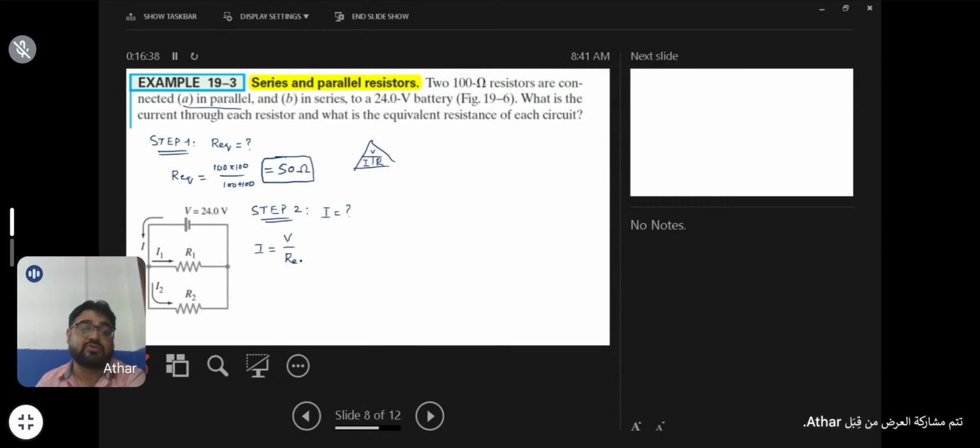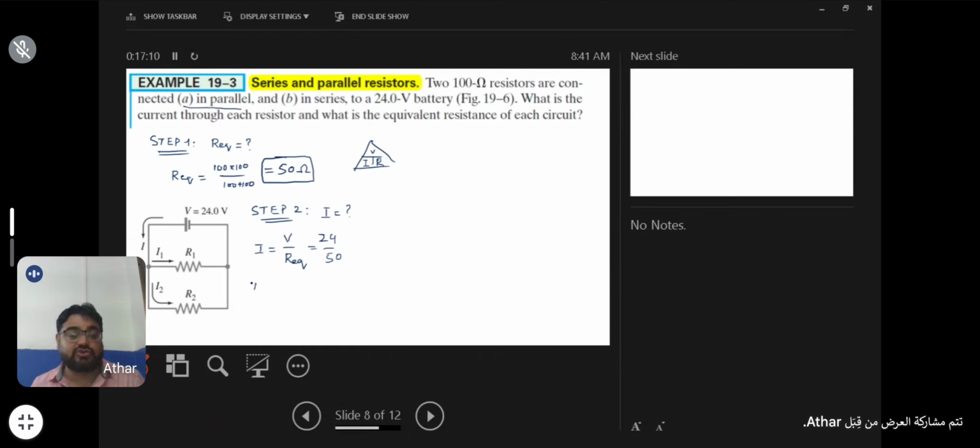Don't use R1 and R2; use R equivalent, which you already found: it's 50 ohm. Voltage is 24 volt and R equivalent is 50. So 24 over 50. Can you please give me the answer? 0.48.